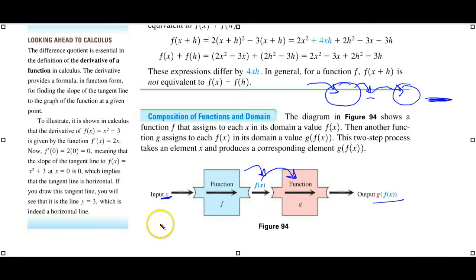I have seen it written this way, that you have your f function, and you put a little circle there with your g function. Or they'll sometimes put it in parentheses, f of g. Looks like fog, but that's actually a little circle, which is defined as f composed with g. So this is what they're saying. Part of what we're going to be doing here is to understand what this is all about.